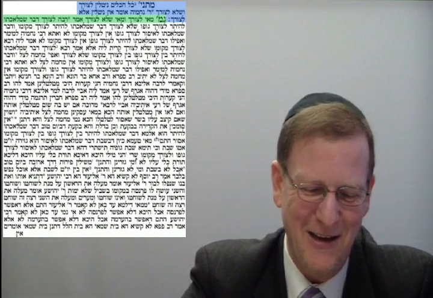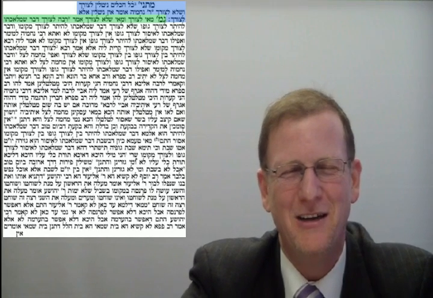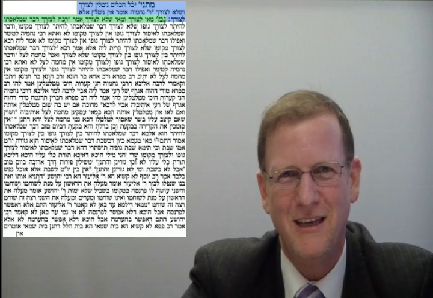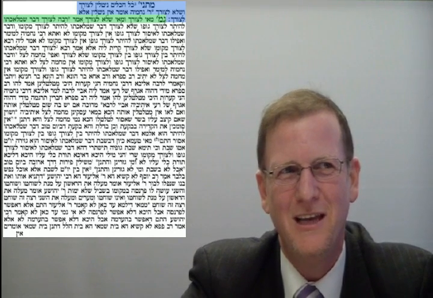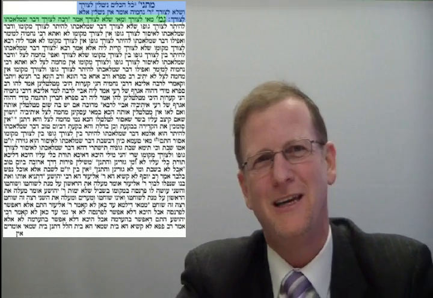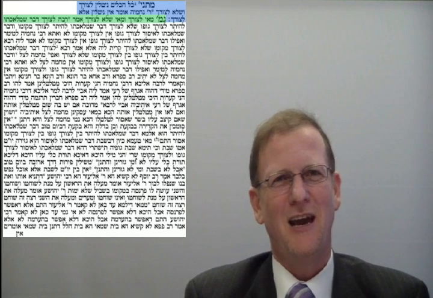Good. That's basically it. The Ritva and the Rashba discuss here what exactly it meant when they said moving this medocha. Did it mean for the medocha itself, or for the garlic? The point is, everyone agrees that if it's for the garlic, you can carry it.